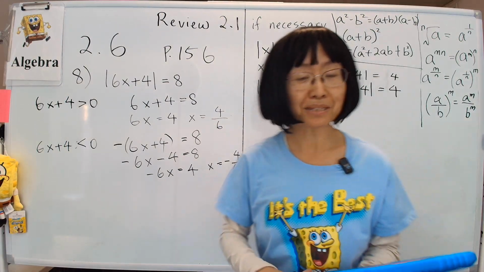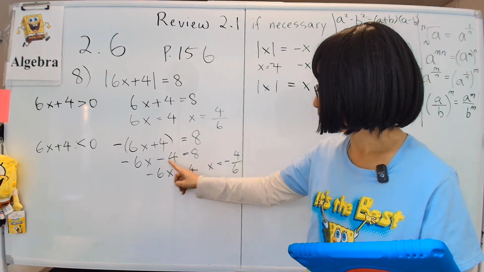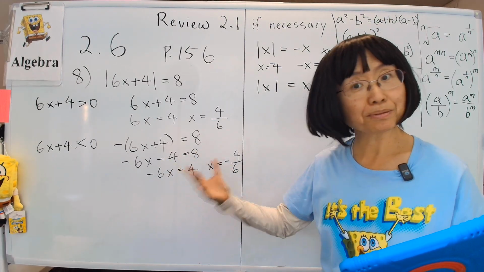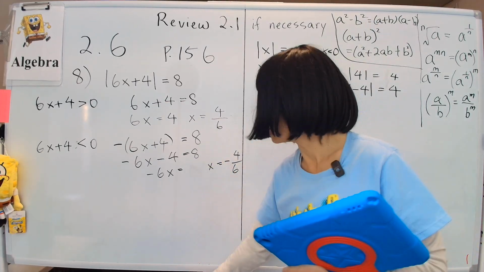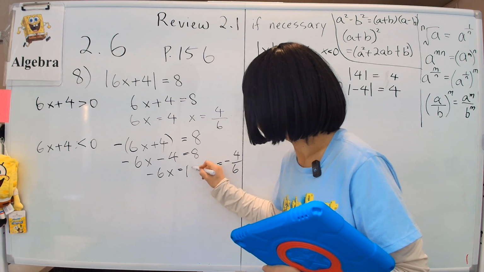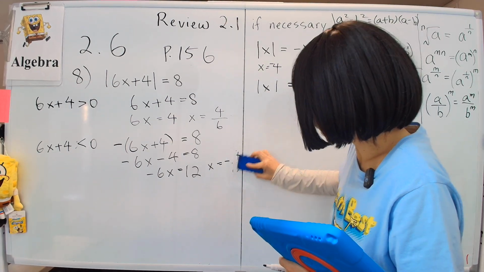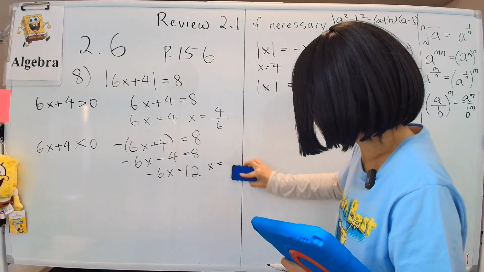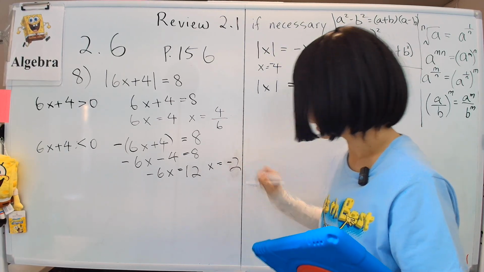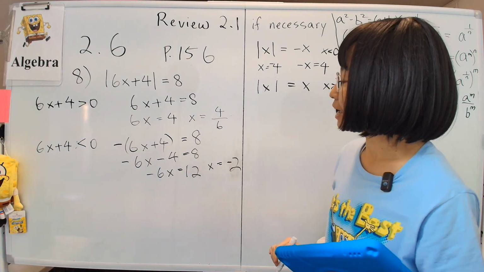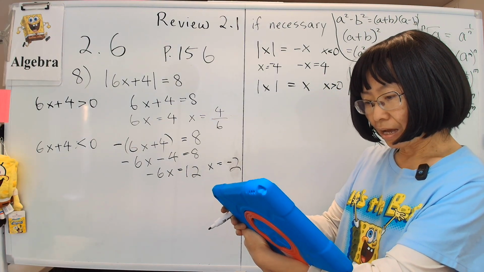Give me a second. Let me check. I made a mistake right here. When minus 4 is pushed to the other side, it should be plus 4, so it's 8 plus 4, not minus. So that should be 12. Then x equals 12 divided by negative 6, which is minus 2. Yep, that is a far better answer. So that will be the second answer for this problem.